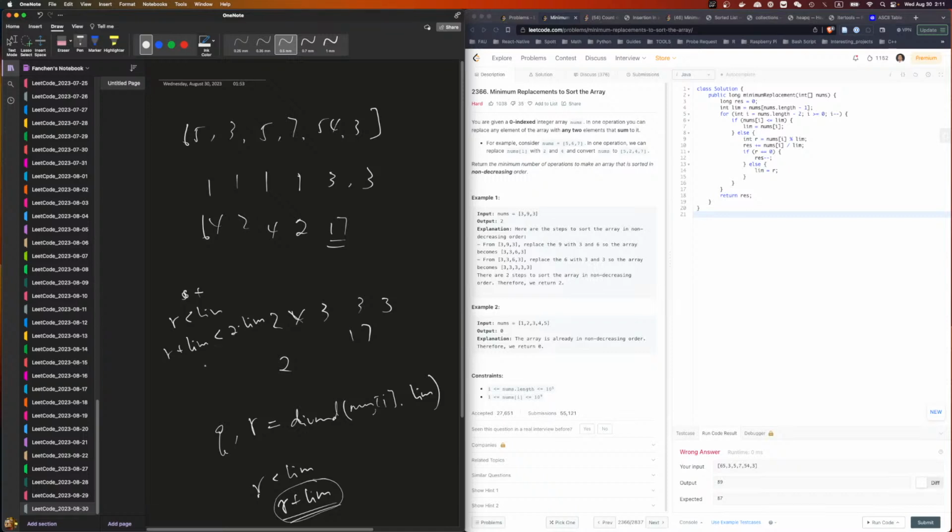Which means if we divide by 2, it will be smaller than the limit. And this might be bigger than the R. It's actually, the worst case is R equals lim minus 1, right? If R equals lim minus 1, then we will take R, right?